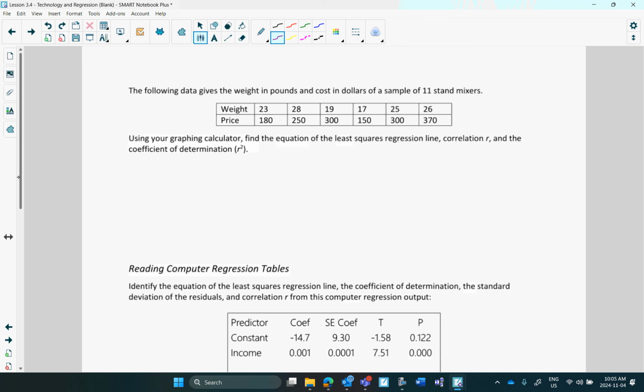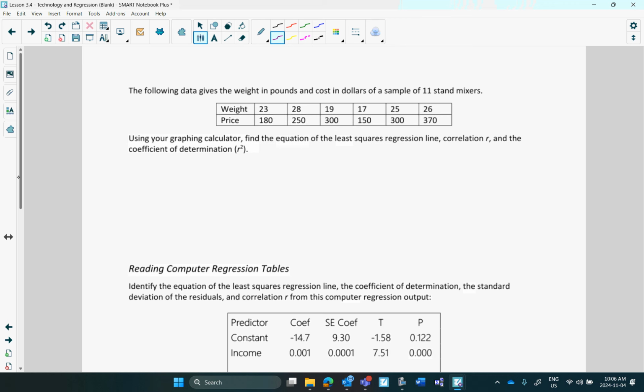So now what we're going to do is go back to Stat. And instead of Edit, we're going to go over to Calc. And we're going to do linear regression, but not number 4. Remember the form that the equation took? A plus bx.